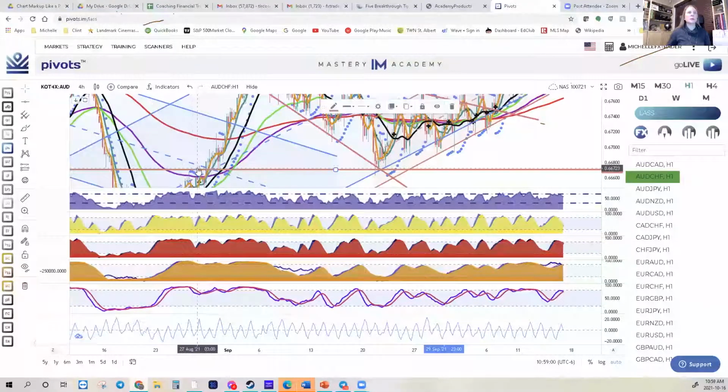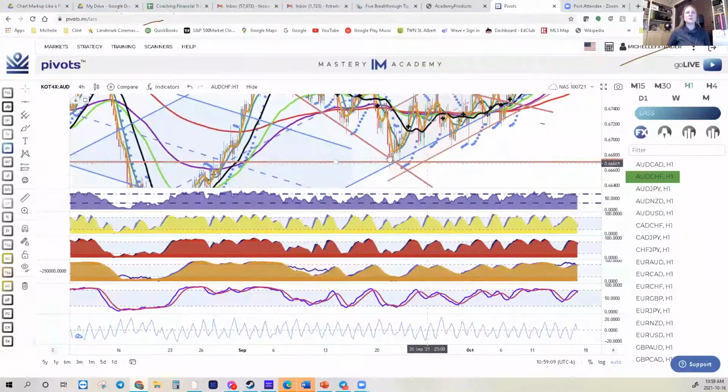You can see the market came up, rejected here, supported here, resisted here. We've got some areas of confluence here. So we start looking at our channel, our support and resistance, LAS. Where do you take your stop loss? You take your stop loss just below this area here, and then you go.